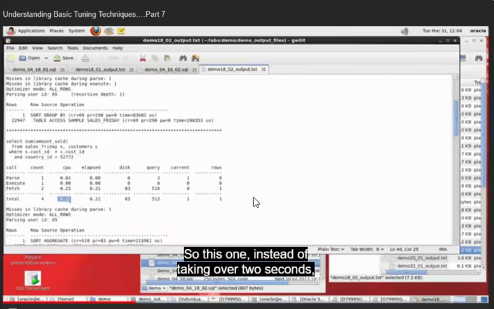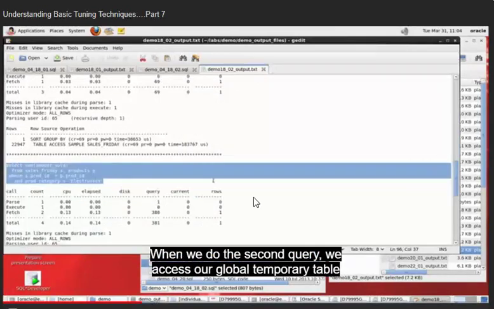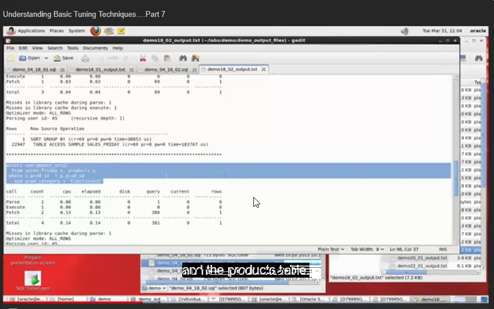0.25 would be a quarter of a second. So it was a nice increase in performance. When we do the second query, we access our global temporary table and the products table, and once again we get a nice reduction, once again well under a quarter of a second, and a reduced number of logical blocks we need to do.